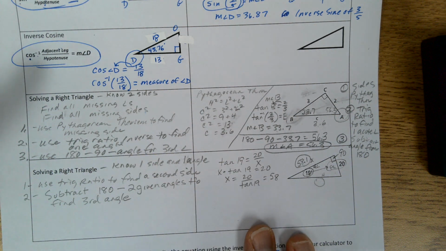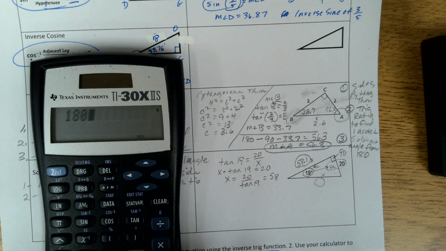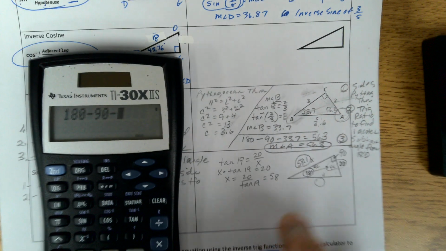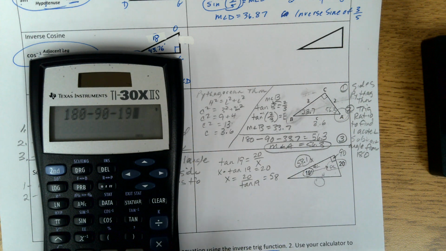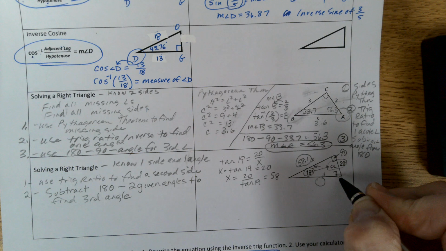Okay, let's try it. I'm going to go 180 minus this 90, using up the 90, minus the 19, using up the 19 more degrees, I got 71. So this angle has to be 71 degrees.